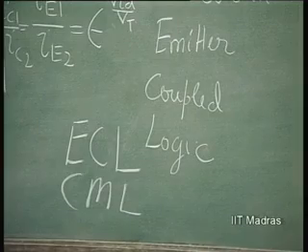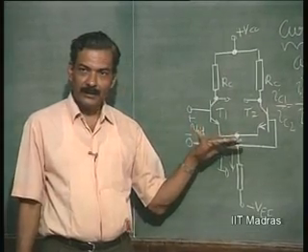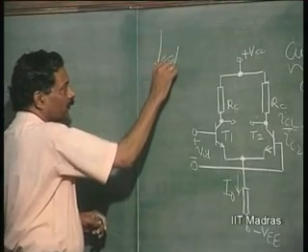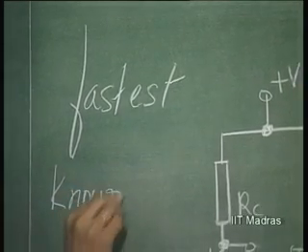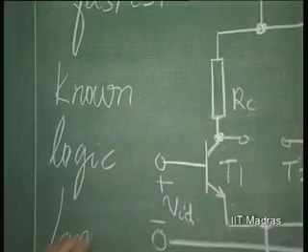This, by nature, because only the current is switched from this to this, is the fastest known logic family.